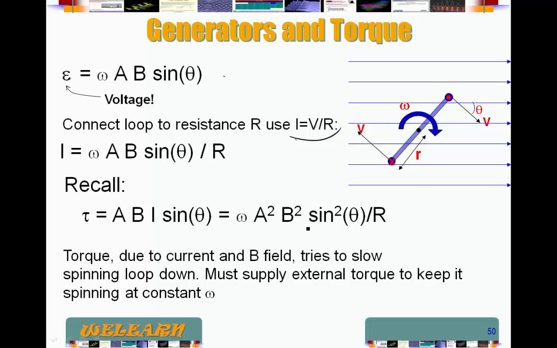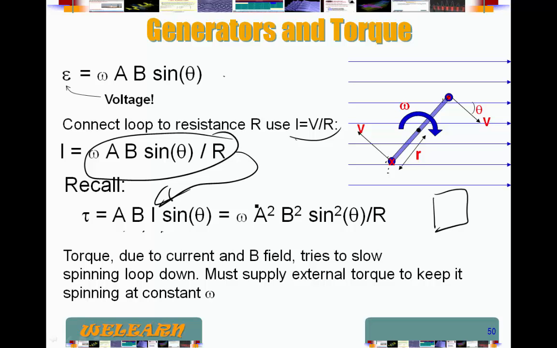Remember what we have discussed before, a loop carrying a current in a magnetic field. Because of these forces that both of these sides are going to experience, the actual loop is going to experience a torque. That torque then is A B I sine theta. Of course, if we have more than one loop, it's going to be N A B I sine theta. Anyway, a little rewrite by putting I in here gives us this expression.